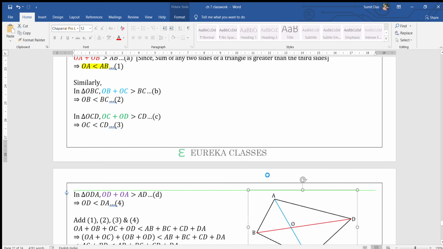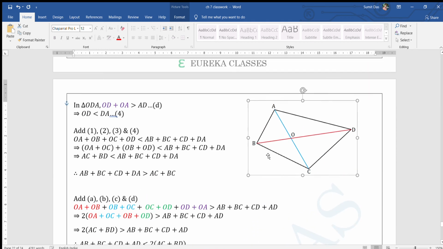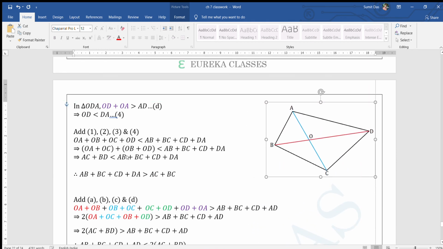If you see the diagram, OA plus OC is the AC diagonal, and OB plus OD is the BD diagonal. So I'm keeping OB and OD together, which is less than AB plus BC plus CD plus DA.